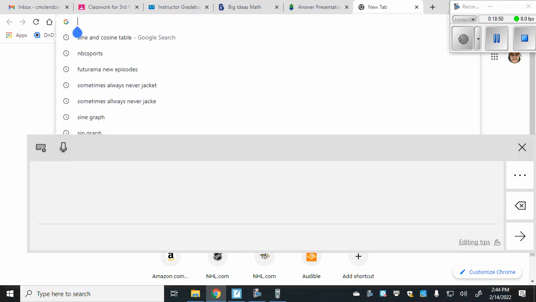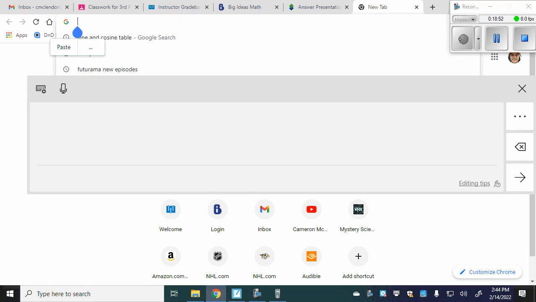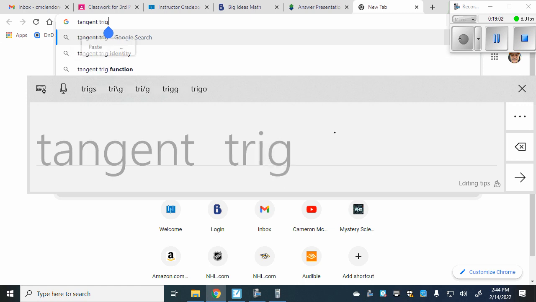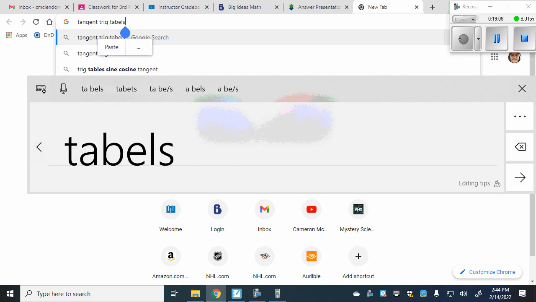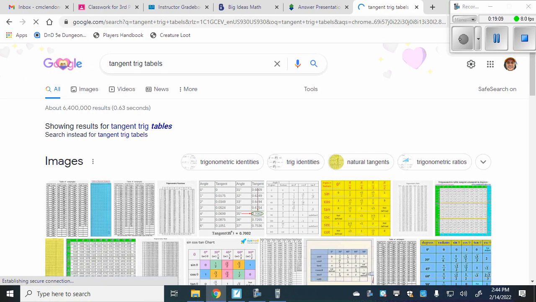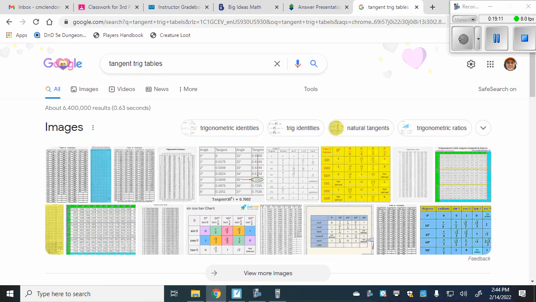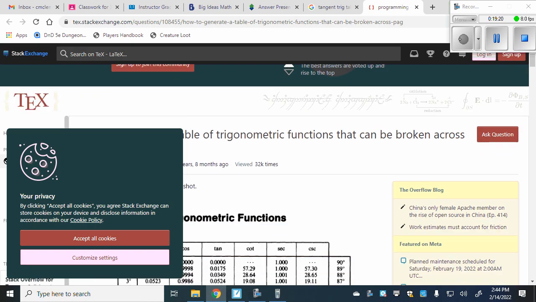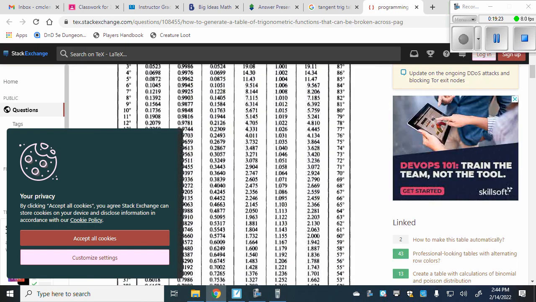So if we didn't have a calculator, what we can use is trig. I misspelled that. So, okay, sure.